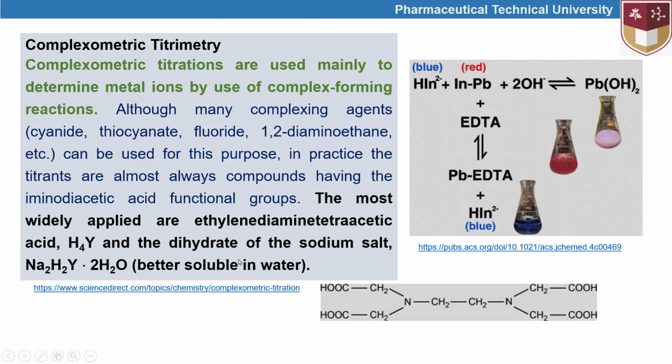Here we can, I'm sorry, this is not halide, this can be H4Y compounds. I apologize for the misinterpretation. And here we can have one example. The complex of EDTA with lead, plumbum, can react with hydrogen indigo in a blue-colored compound.